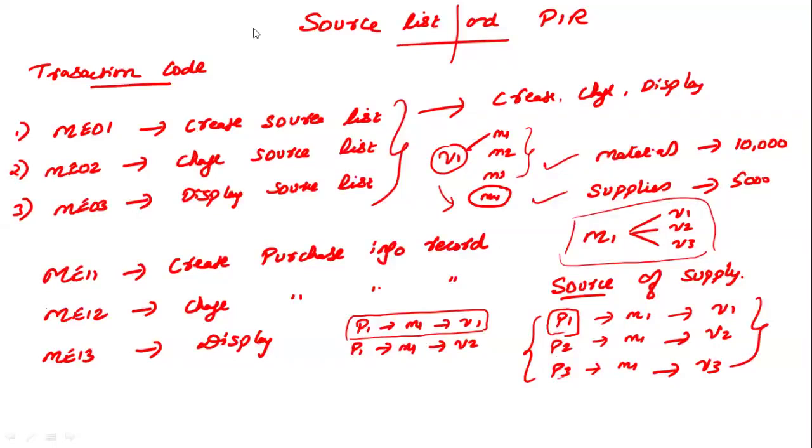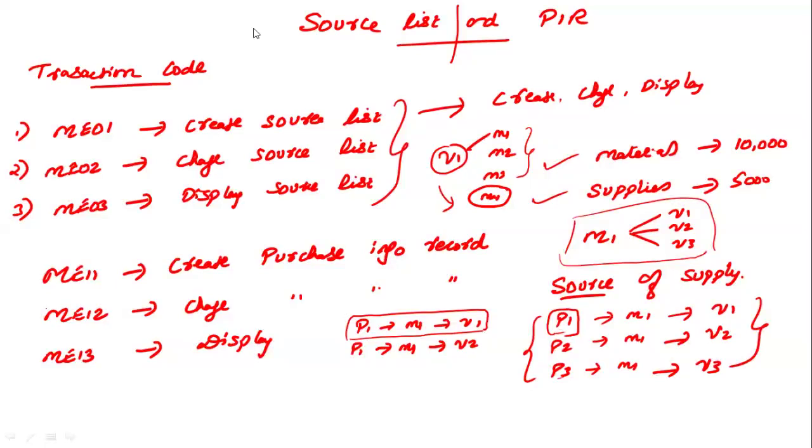Normally negotiation will happen based on the price, the lead time, and the payment terms. That is what the sourcing people do. They negotiate with the vendors and see which vendor is going to give you a better price with less lead time and better payment terms. Based on that combination, they decide from whom they should buy and who should be the first priority vendor.